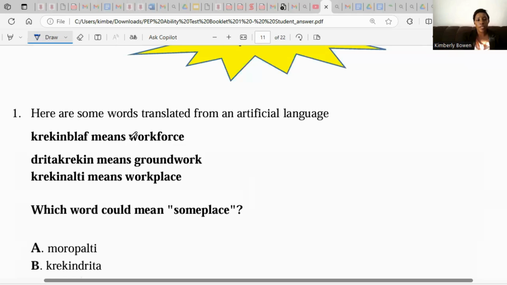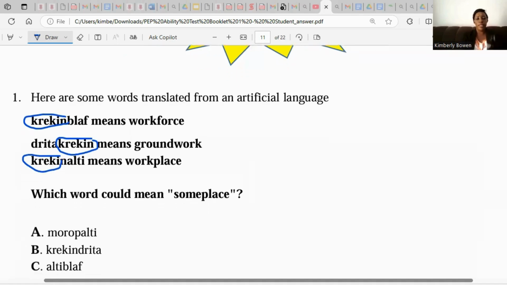We see cracking at the front, and we see work at the front. Cracking is at the back here, and we see work at the back. So cracking is work, right? And we can also see cracking here at the front, which is work. So therefore, alti means place, right? So we're looking for a word with alti.